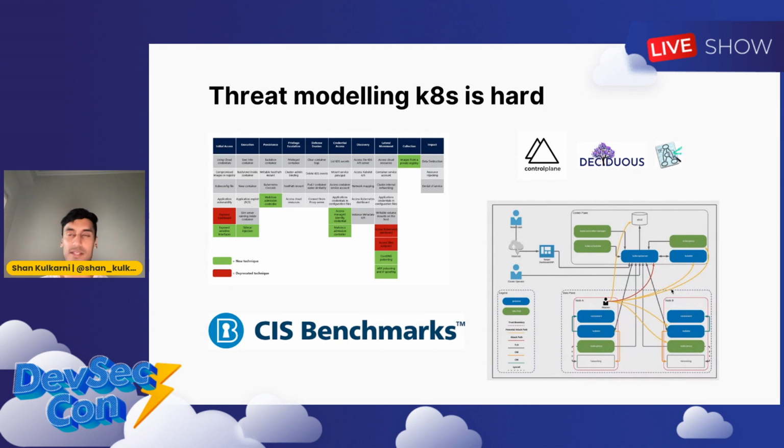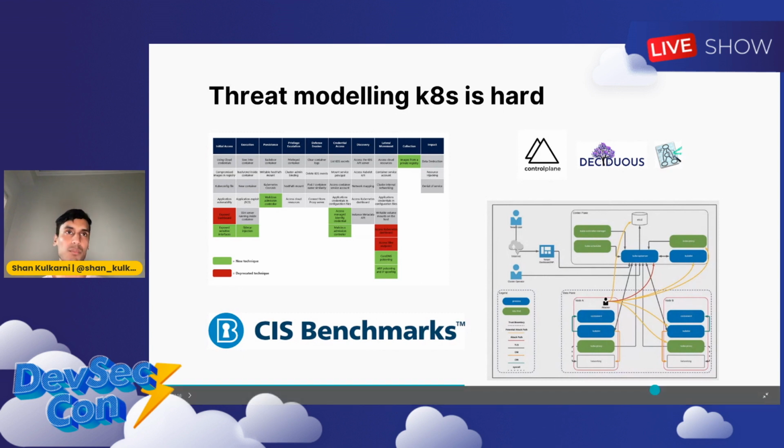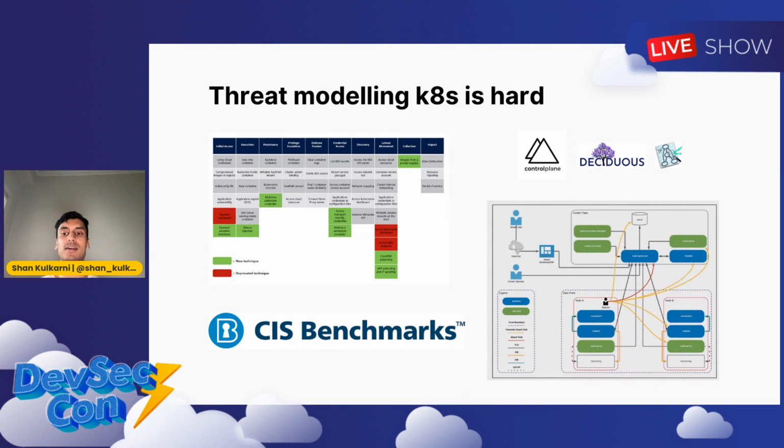So there's some great projects in the space, like with control plane and Deciduous, around attack trees and automated and visualized attack trees using GraphViz to make it very clear what an example attack path could be for a compromise, like for a Kubernetes exploit. And as I said, there are threat matrices published by some really prominent frameworks and benchmarks out there, but overall not very developer friendly, a bit opaque to get started with.